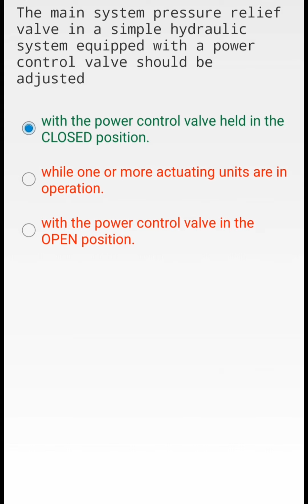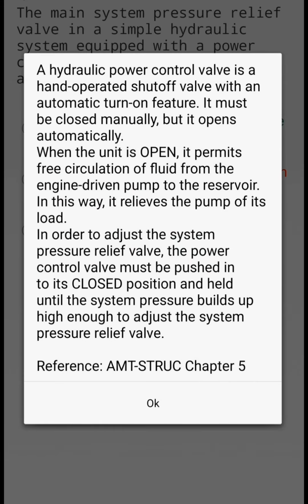The main system pressure relief valve in a simple hydraulic system equipped with a power control valve should be adjusted with the power control valve held in the closed position. A hydraulic power control valve is a hand-operated shut-off valve with an automatic turn-on feature. It must be closed manually, but it opens automatically.